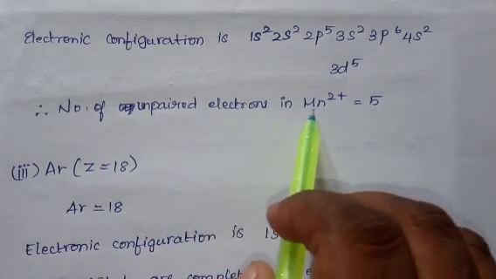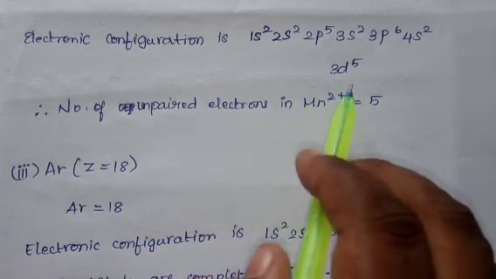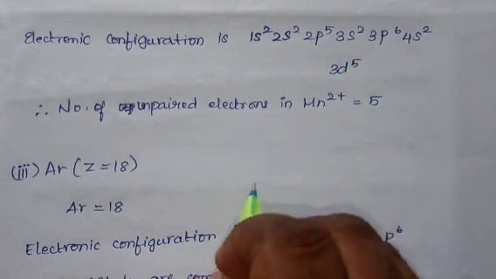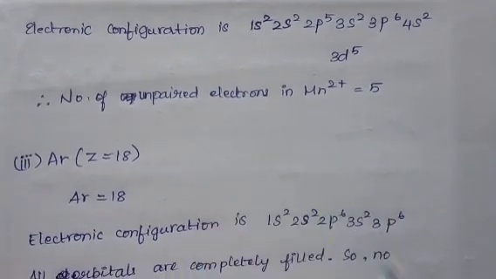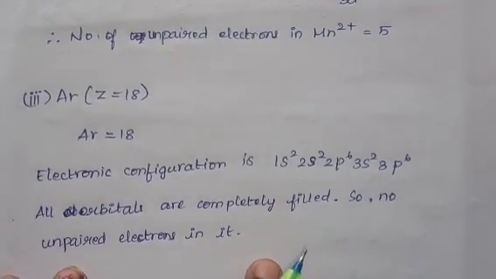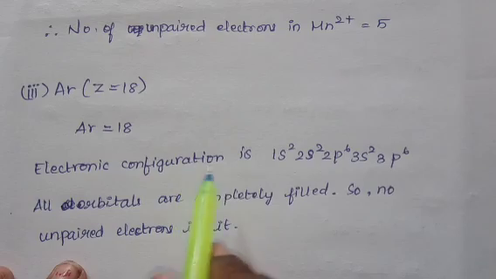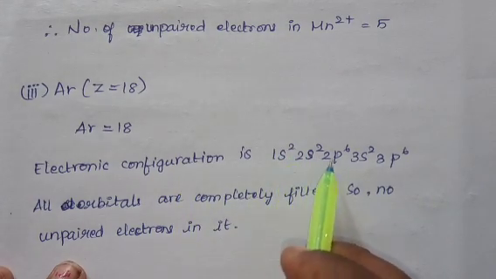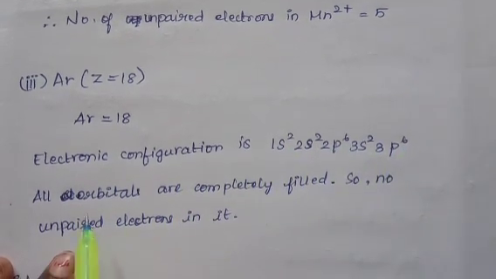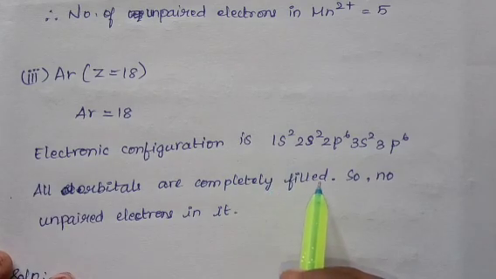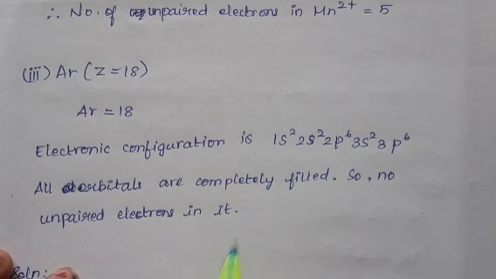So the number of unpaired electrons is 5. Next, argon Z is equal to 18. Ar electronic configuration is 1s2, 2s2, 2p6, 3s2, 3p6. All orbitals are completely filled, so no unpaired electrons in it.